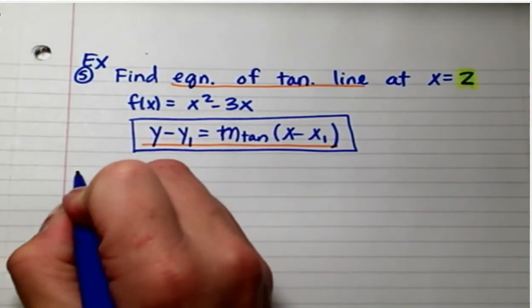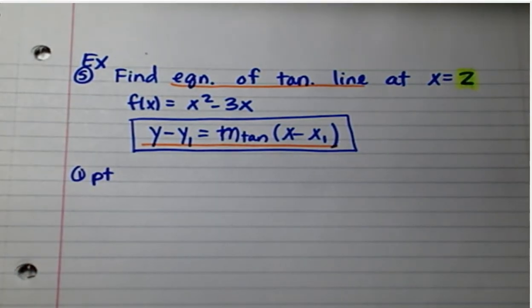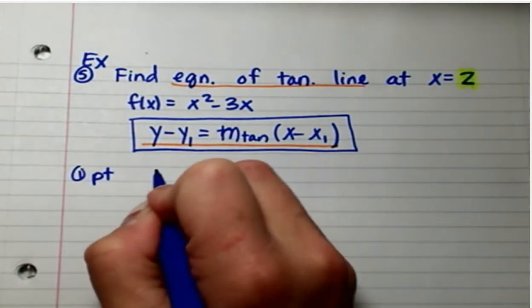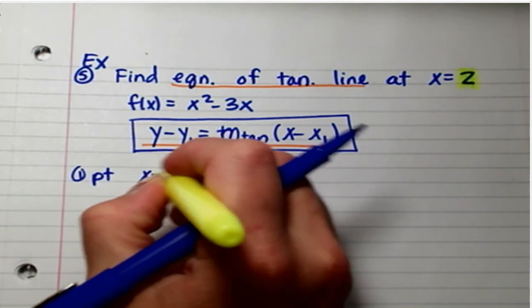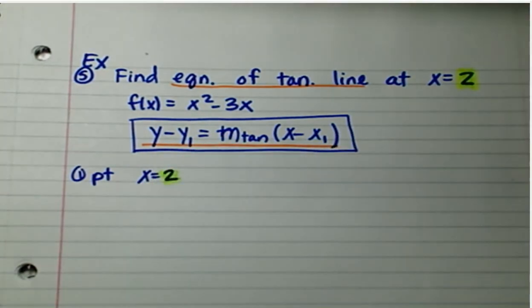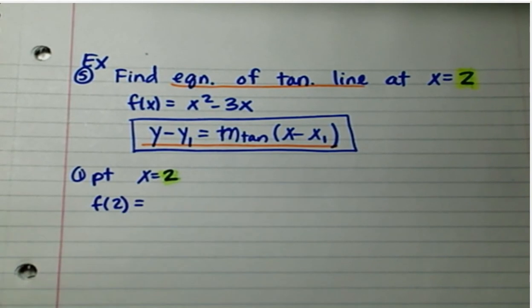All right. I need a point. How do you write the equation of a line? You need a point when x equals 2. How do you get a point? The same way you got a point for the last 3 years. You plug it in.